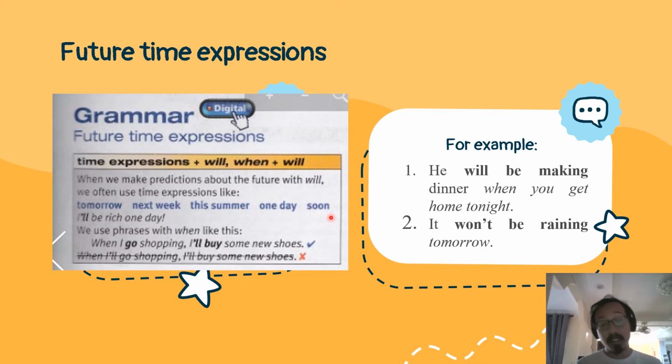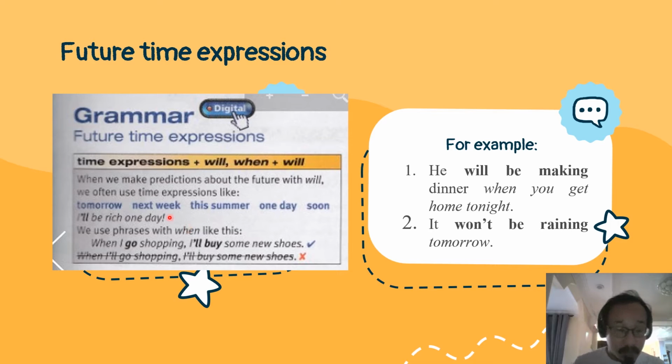For example, when I grow up, I'm going to become a teacher. So you're making a prediction that sometime in the future you are going to become a teacher. When we make predictions about the future with will, we often use time expressions like these: tomorrow, next week, this summer, one day, and soon.